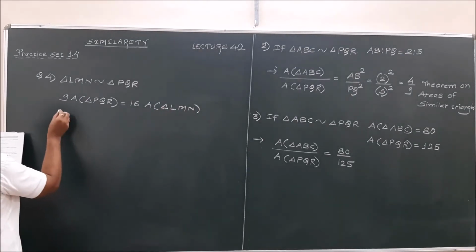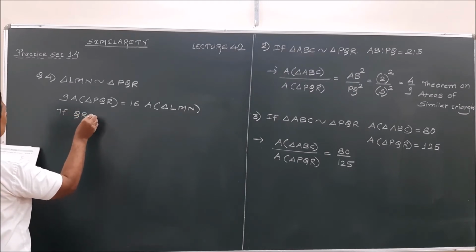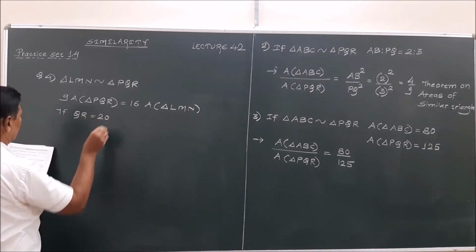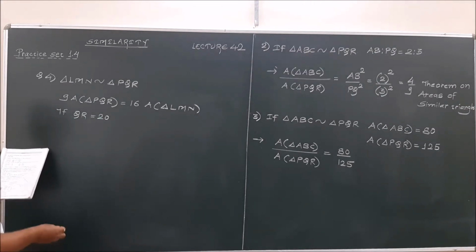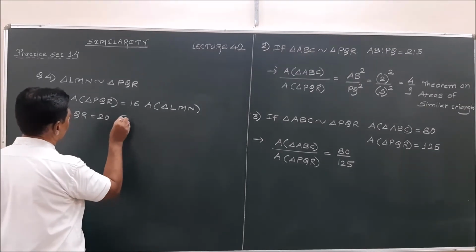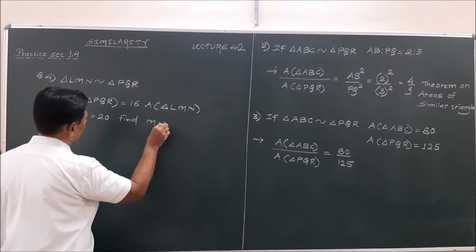If QR is 20, question is find MN. Okay, find MN.